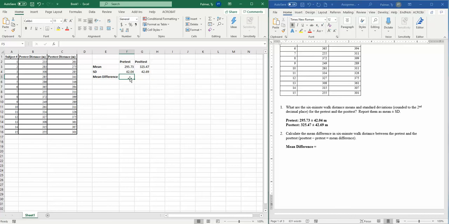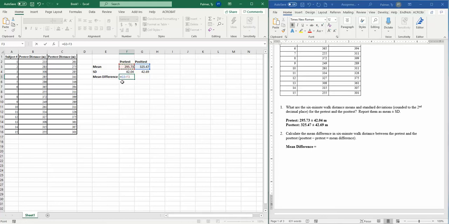So once we have this empty cell highlighted next to our mean difference label, click on the equal sign on your keyboard, then click on the cell with the post-test mean, then hit the minus sign on your keyboard, then click on the cell with the mean pretest value, which is this one here.